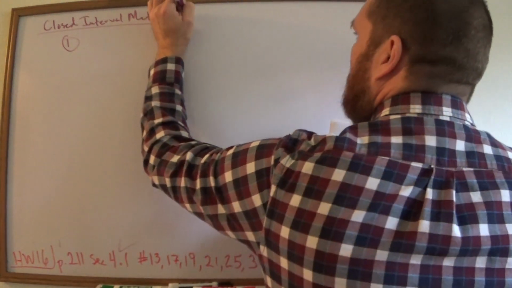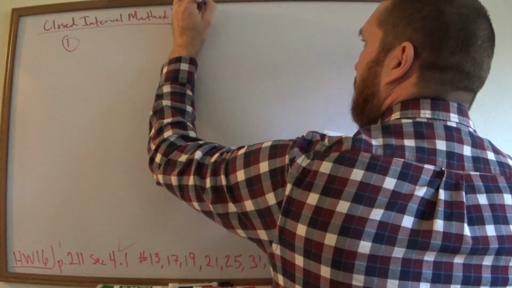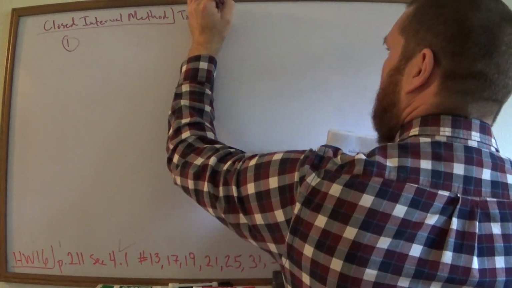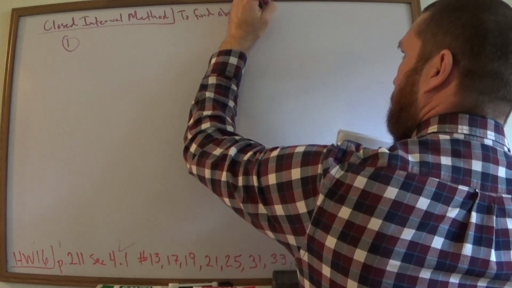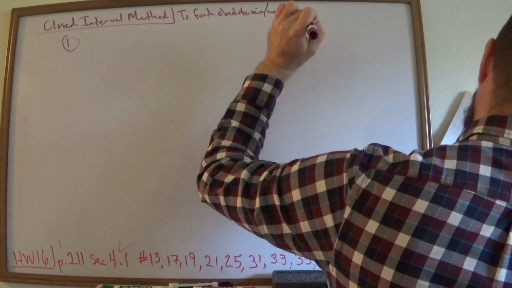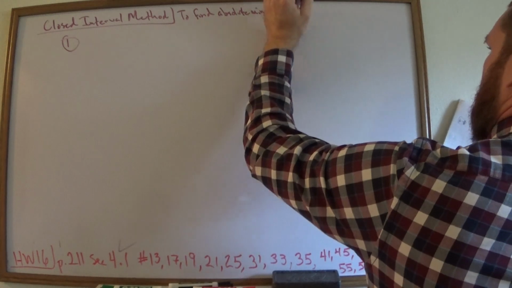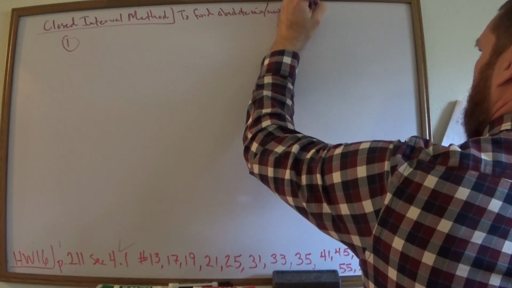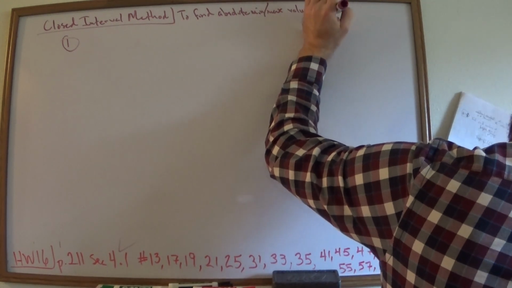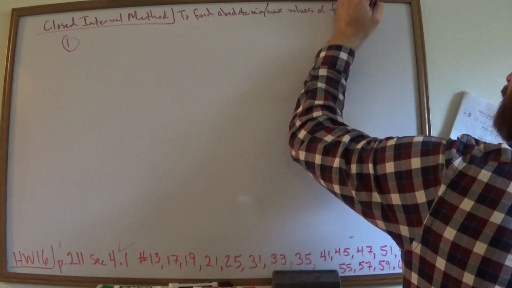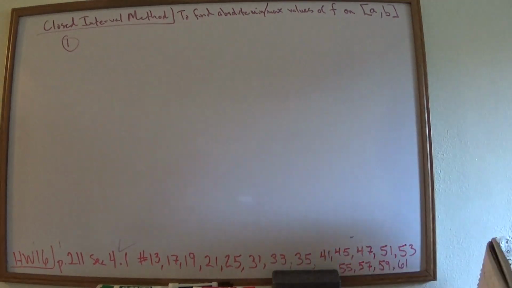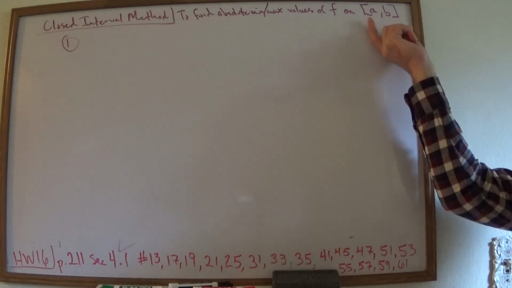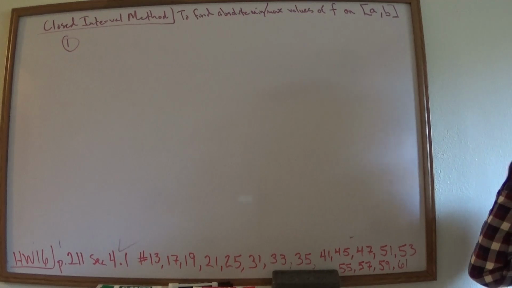But this is to find the absolute min or max values of a function f on a closed interval a to b. A lot of your questions say find the absolute values of f on a closed interval. And this is what you're going to do.